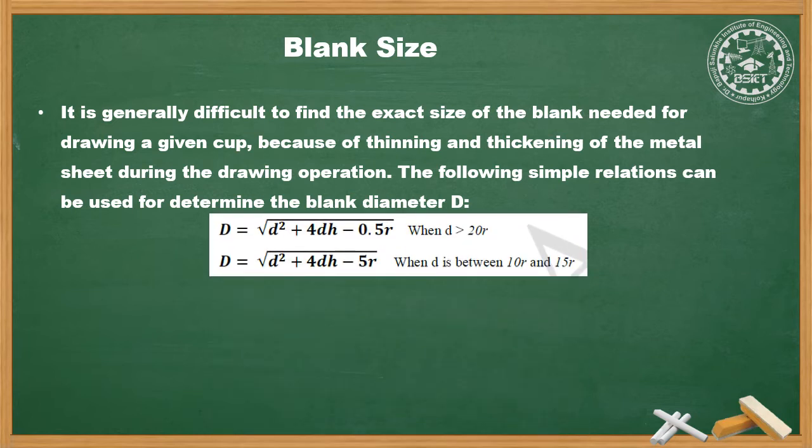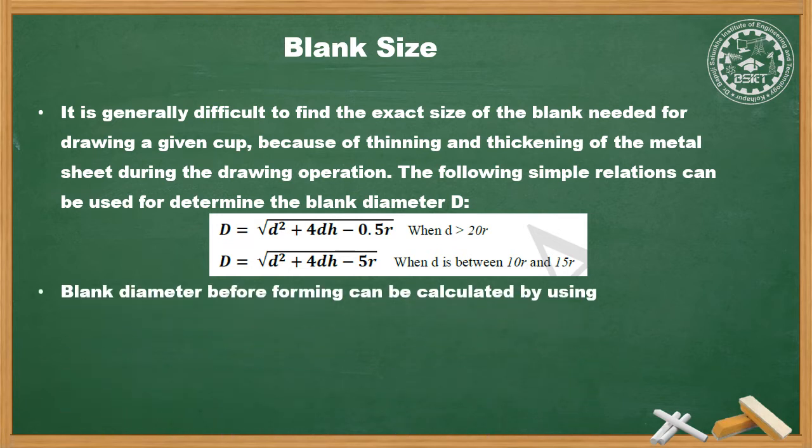First, the diameter of the blank can be calculated using the formula D = √(d² + 4dh − 0.5r) when d is less than 20 times the radius, or D = √(d² + 4dh − r) when d is between 10r and 15r, where D is the blank diameter, small d is the outside diameter of the cup, h is the height of the cup, and r is the corner radius on the punch.